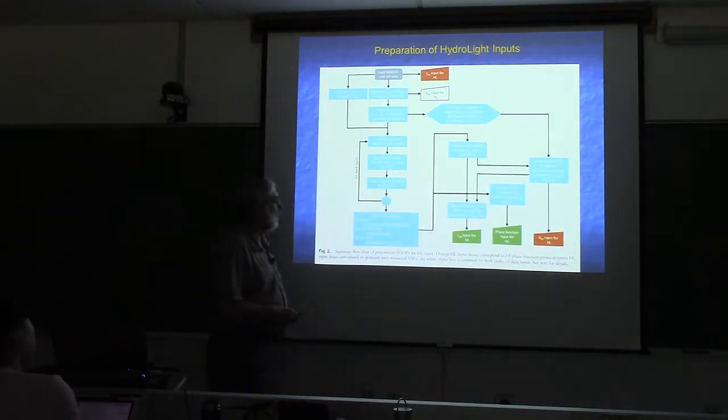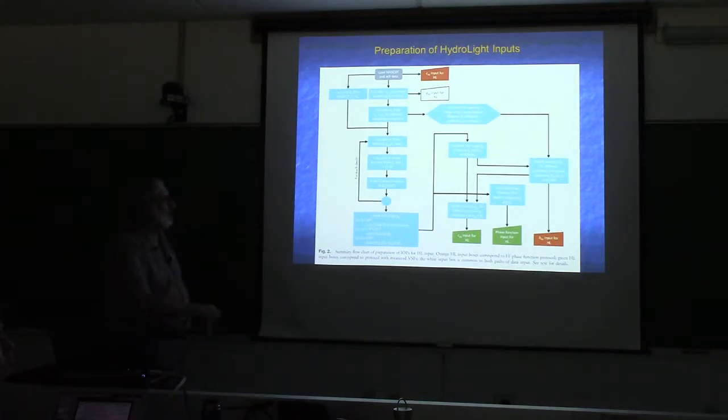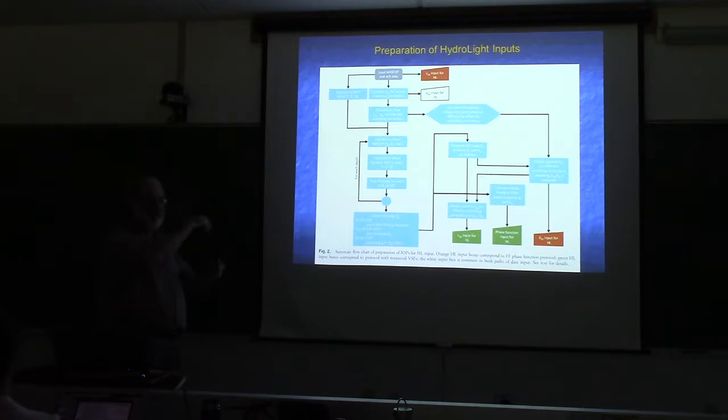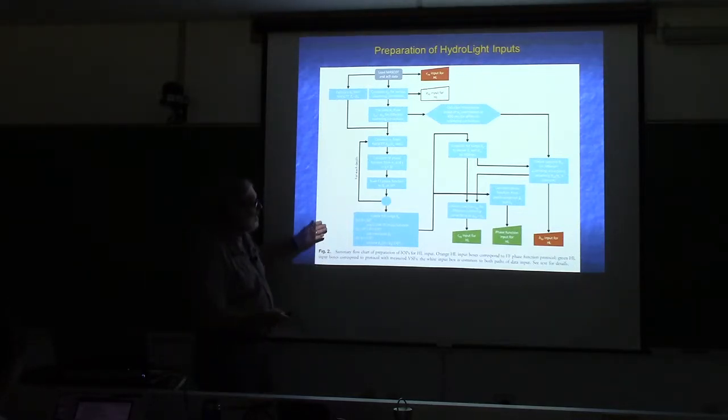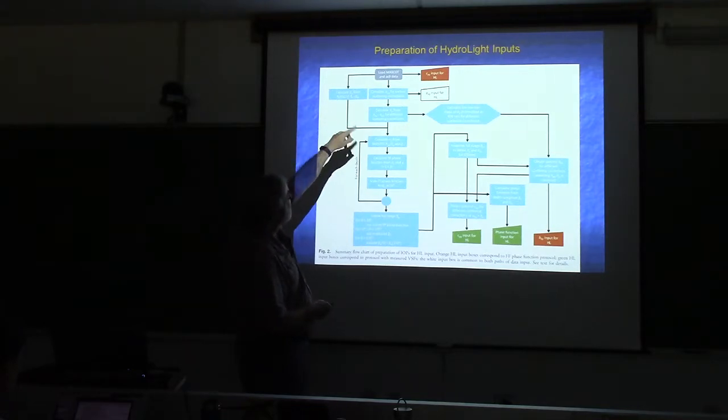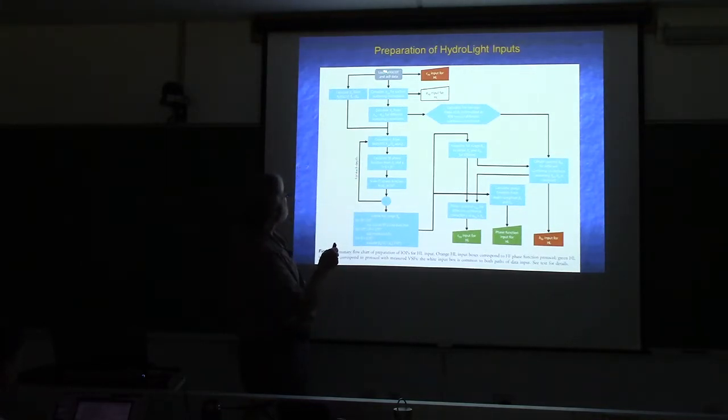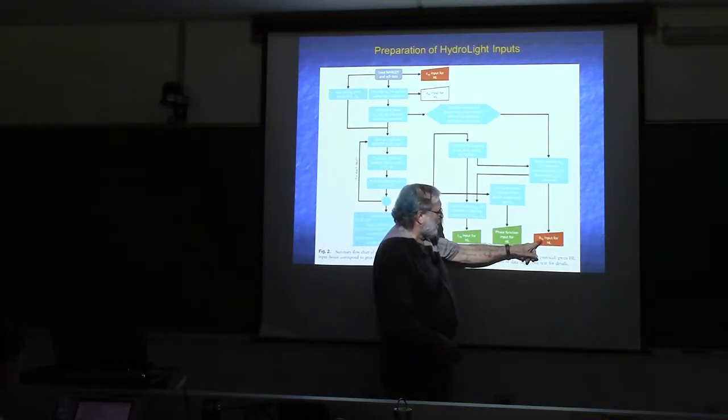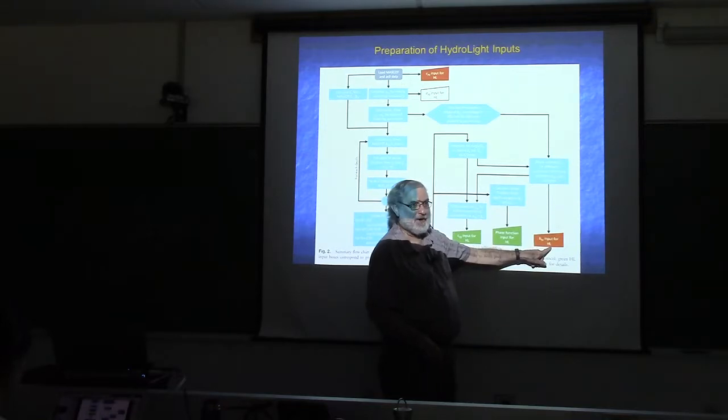And then they had this horrendous flow chart about how they processed all their data and iterated on everything to try to clean it all up. Up here it says load the AC9 data, you go through all of this stuff, and then it finally says backscatter input for Hydrolight.